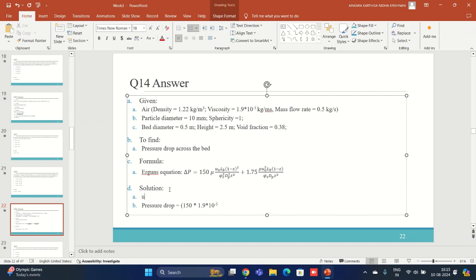We need to calculate u naught, because here we are given only the mass flow rate.